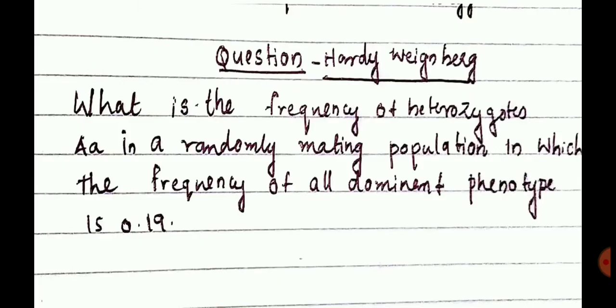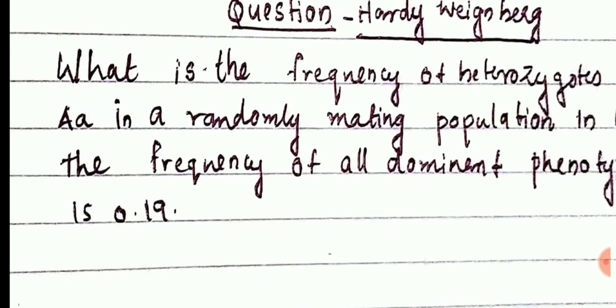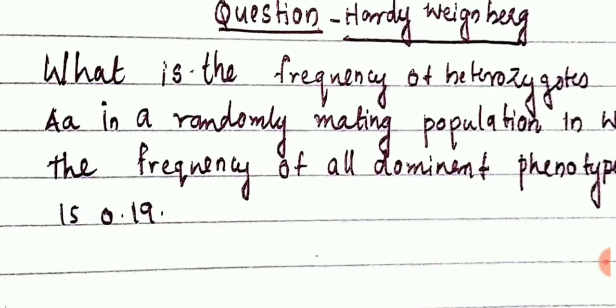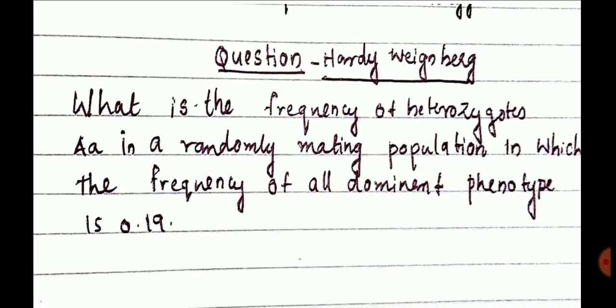Okay, next question. What is the frequency of heterozygote, that is Aa, in a randomly mating population in which the frequency of dominant phenotype is 0.19? Okay, that's the question.